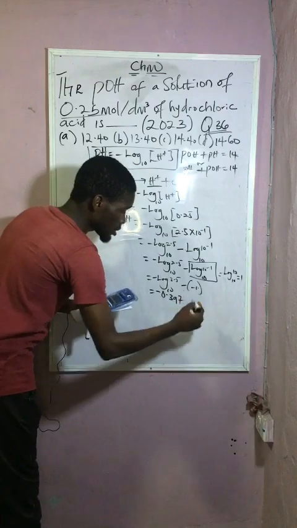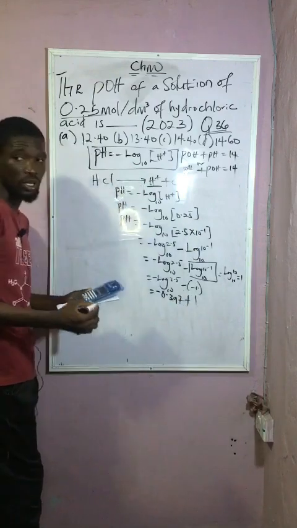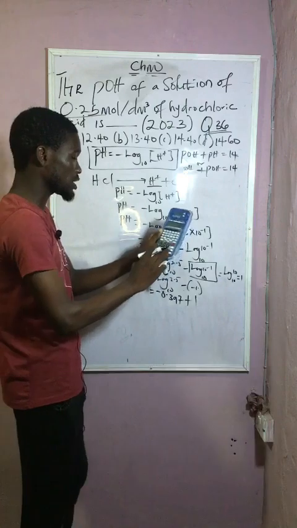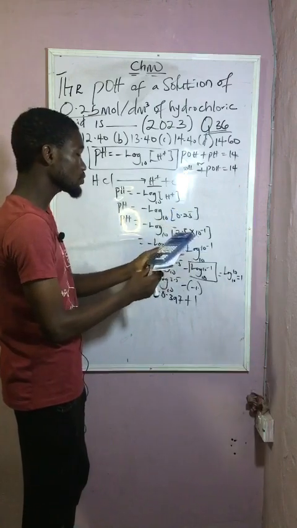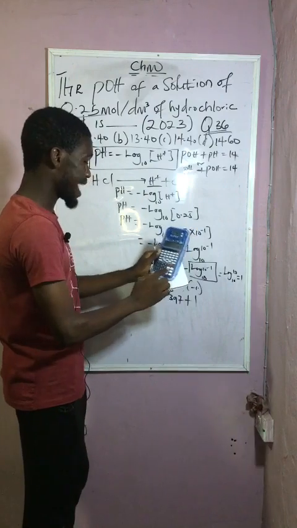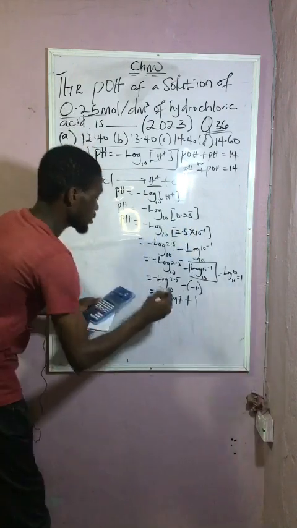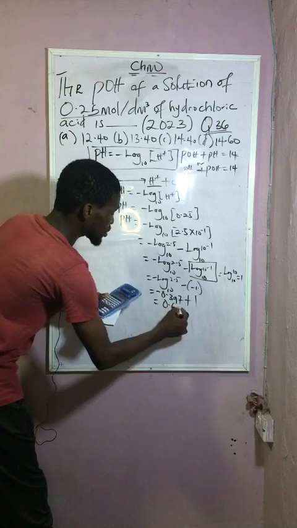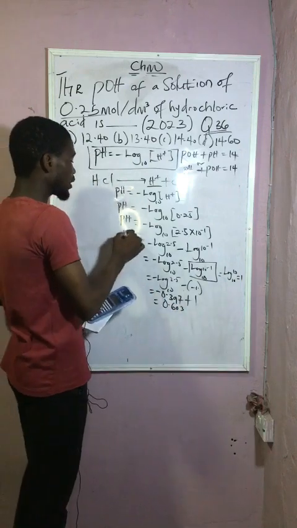Minus times minus, mathematically, we have plus 1. So now let's punch our calculator: minus 0.397 plus 1. We have 0.603.